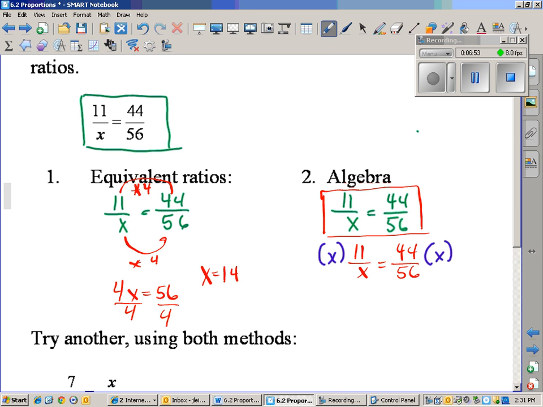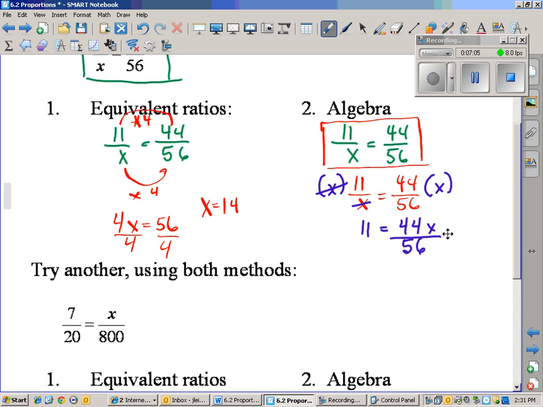And look what happens. The x's cancel, the 11 is alone, and we end up with 44x over 56. Now we need to get the x alone. He's in the numerator, so we can use the multiplicative inverse, the reciprocal, on both sides.